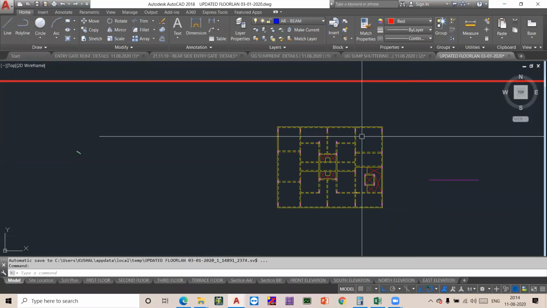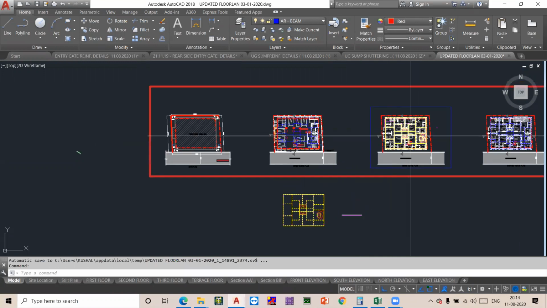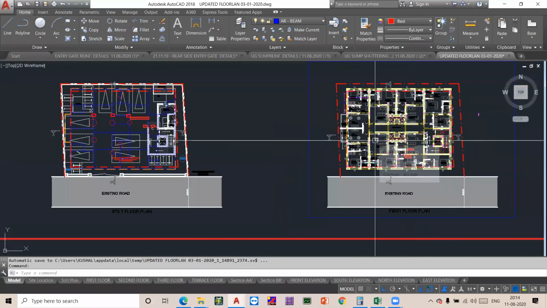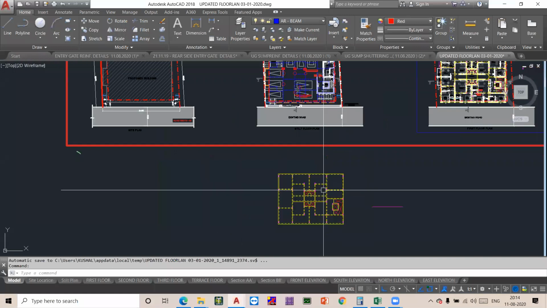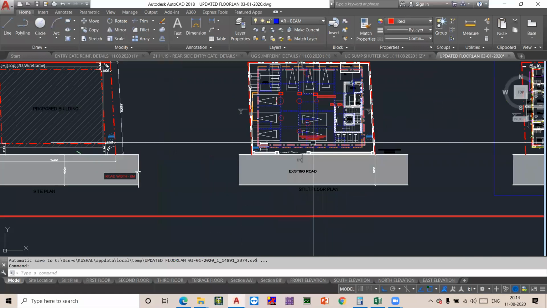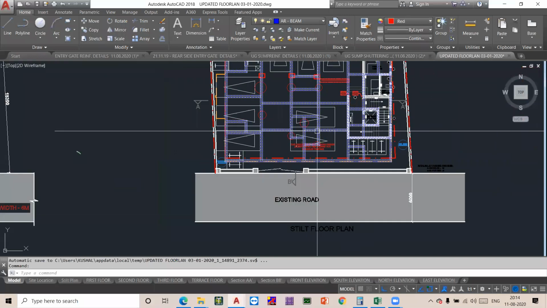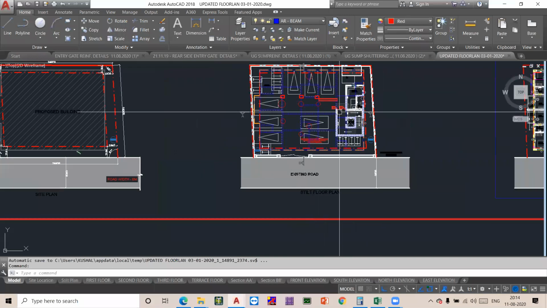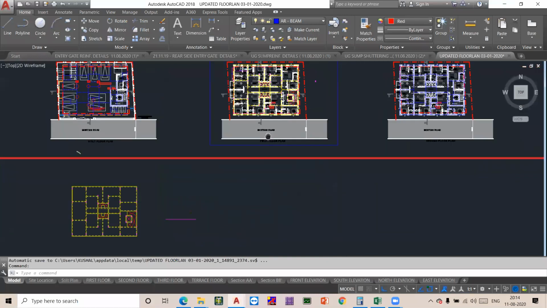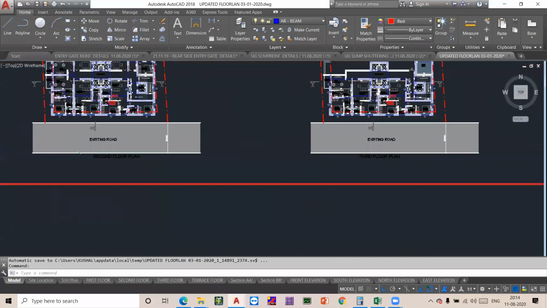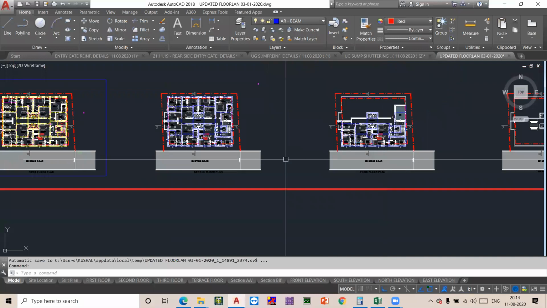and hence we have considered the typical level first. Next, in tomorrow's session we will be cross checking all of these column locations with respect to our parking and driveways, that is at ground floor. This is your typical level, that is your first floor, second floor and third floor.